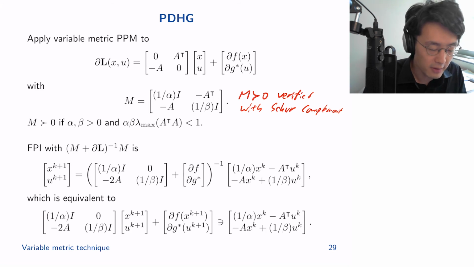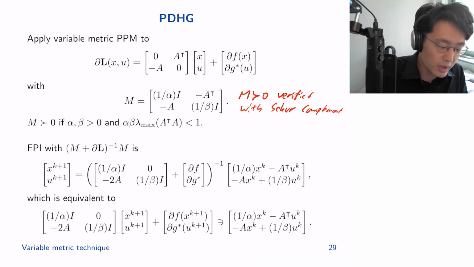The first step of the fixed point iteration is to multiply by the matrix M. So given the vector xk, uk, we multiply by the matrix M. So this part multiplies and gives us 1 over alpha times xk, and then this part gives us minus A transpose uk. Then in the next line, this part gives us minus A times xk, and then this part gives us plus 1 over beta times uk.